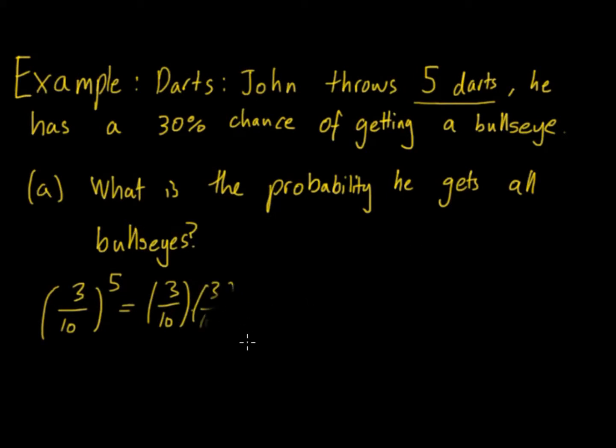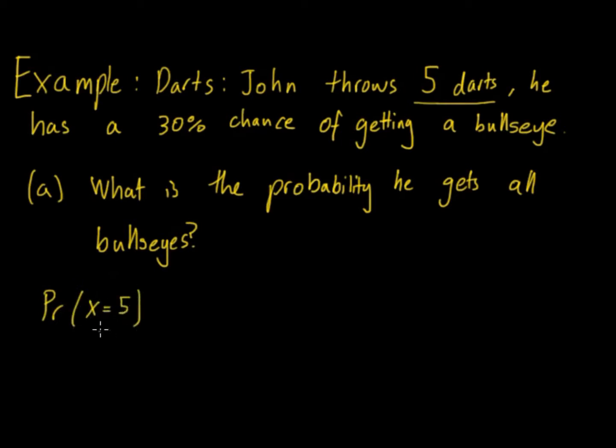Even though we've done it before, we can apply the binomial distribution formula and we'll still get the same answer. So we're going to say the probability of x is equal to 5. That's basically saying that the number of successes, where bullseye is a success, is equal to 5. So that is equal to 5c5, because there are 5 trials and 5 successes, times p to the power of 5, times q to the power of 5 minus 5, which is just 0.